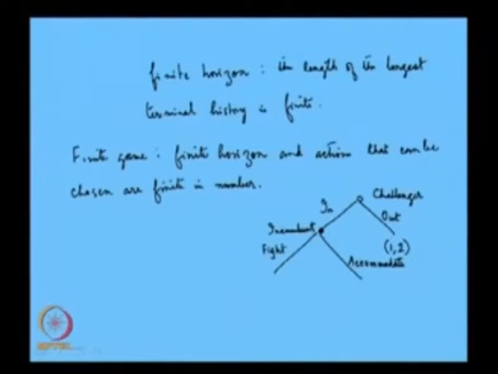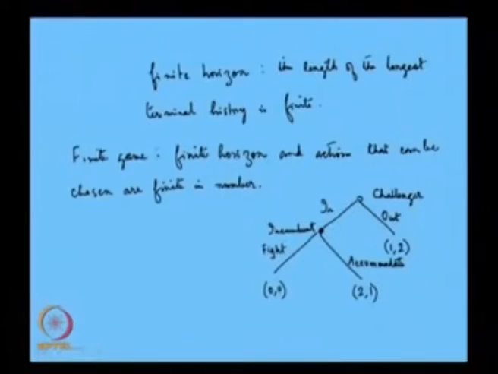If fighting takes place, it is bad for both of them. We shall assume that it is 0-0. If accommodation takes place, then the challenger is benefited, he gets 2, and the incumbent gets 1, because he is basically being forced to share the market. This is worse than the case where the challenger stays out. So, this is how a game tree is drawn.